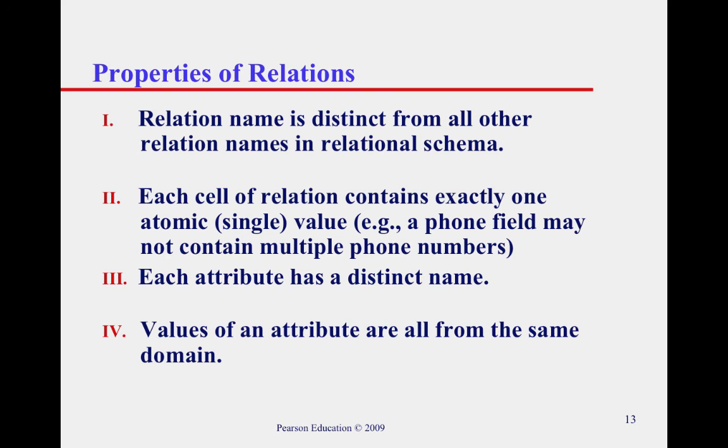Each attribute has a distinct name. That makes sense. If you create a struct or a class in C++, you're not allowed to have duplicated field names, so the same holds for a relation. Property 4 is another big restriction. The values of an attribute are all from the same domain. For example, if zip codes are integers, you couldn't have some be integers and some be strings.